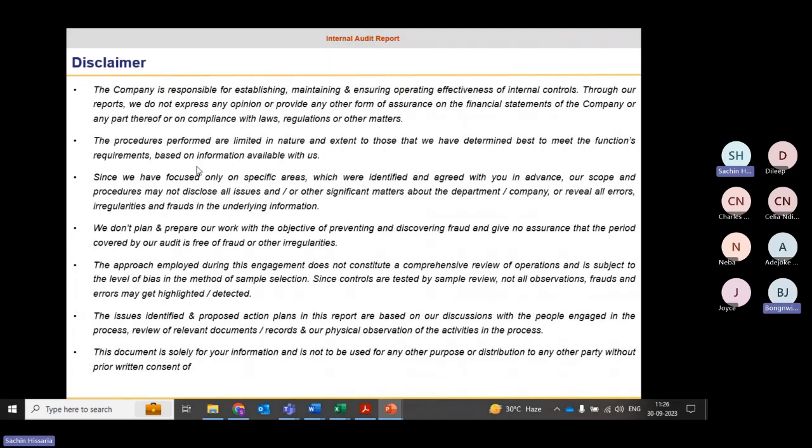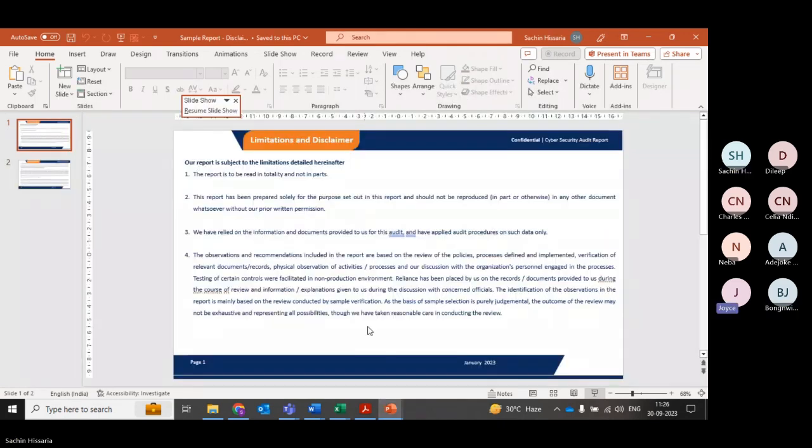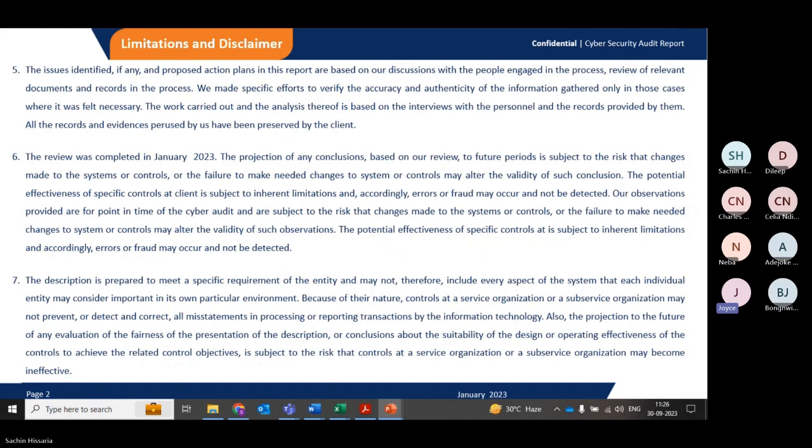Read this disclaimer. Yes, Joyce, tell me. I was just wondering because I thought it's supposed to be in the conclusion, like when you're concluding the report. So basically, Joyce, in the SOC report, in the conclusion part only, they will give the disclaimer.